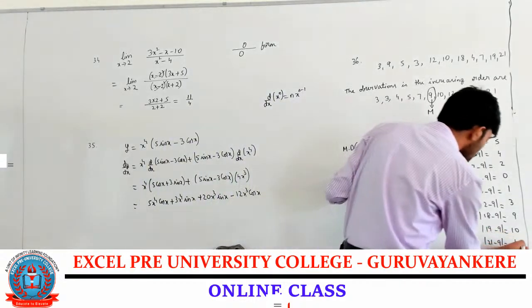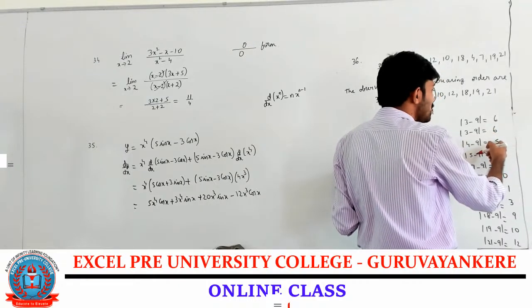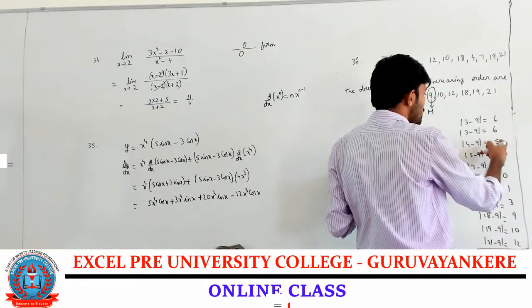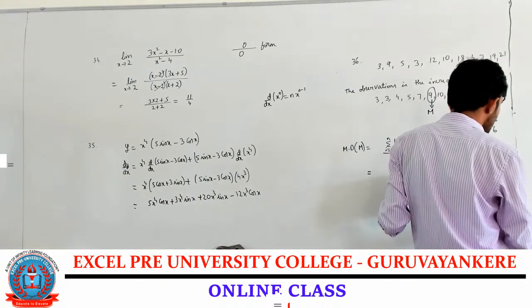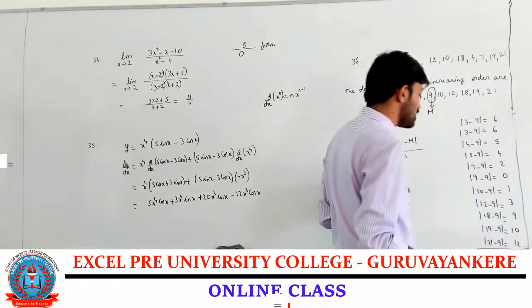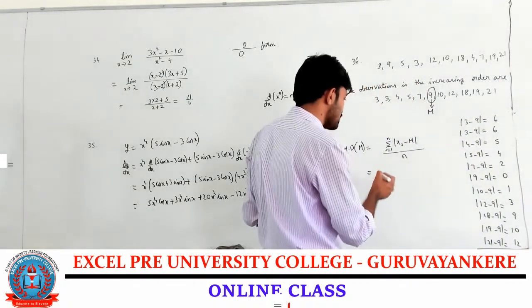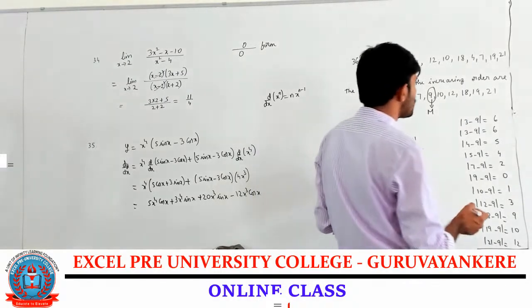So add all these observations: 6 plus 6 is 12, 17, 21, 23, 24, 27, 36, 46, 58. The sum of the absolute deviations is 58, divided by n, the number of observations.